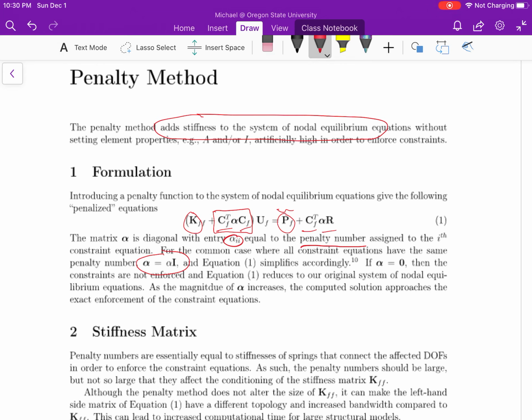And we're also adding in some force on the right hand side to compensate, through CF transpose alpha R. So as equation 1 is solved with a sufficiently high value for alpha, then the constraints become enforced. We're just adding in artificial stiffness and force on the left and right hand sides of our system.